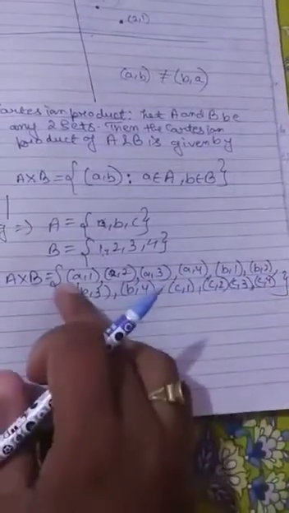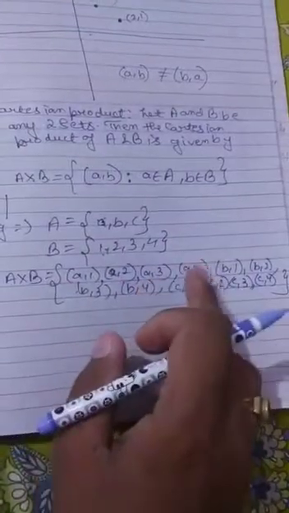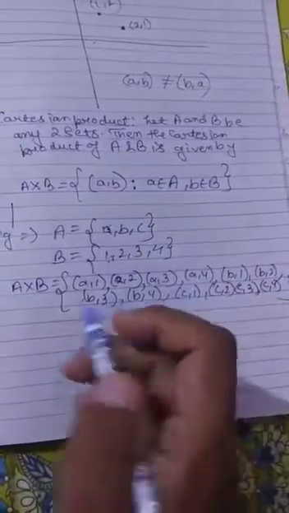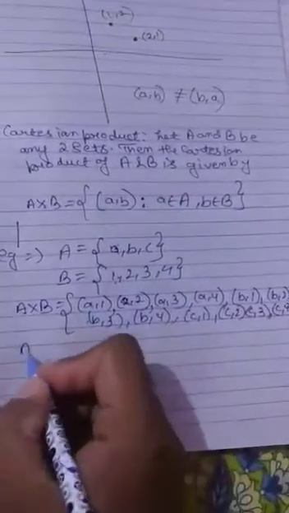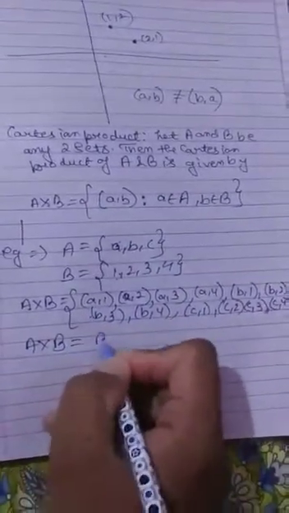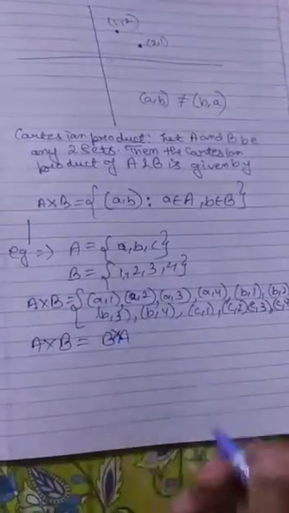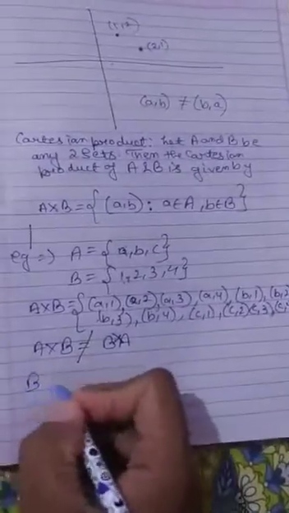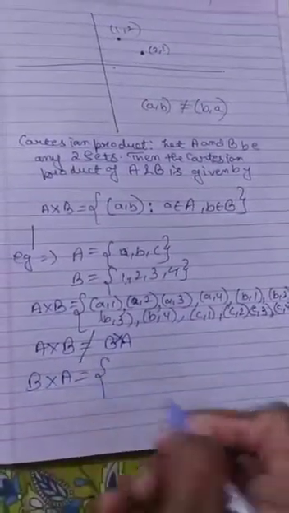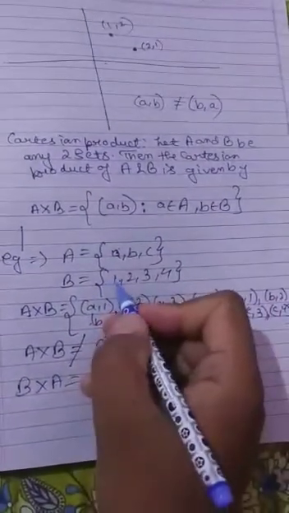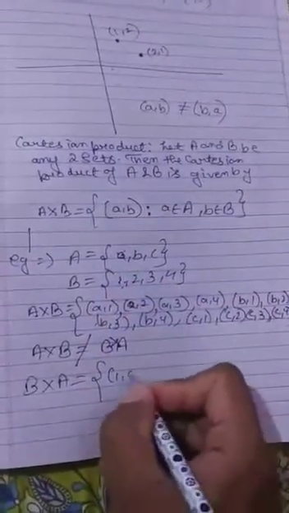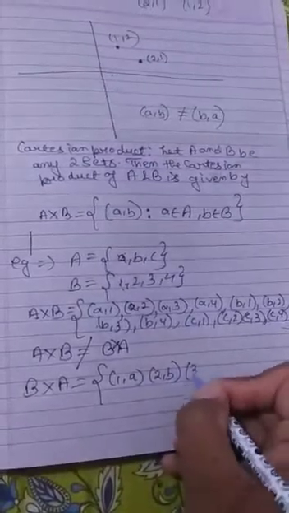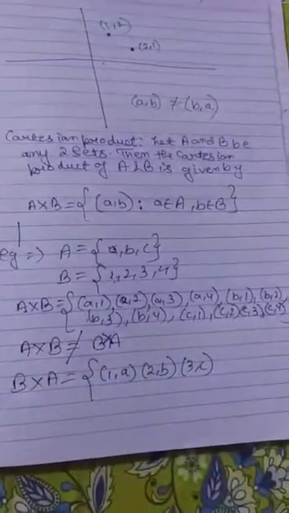This is only called A cross B and it's known as Cartesian product. Will A cross B and B cross A be the same? No, it will not be the same. Why? Let's see B cross A. If we make B cross A, we will make ordered pairs like 1 comma A, 2 comma B, 3 comma C, like this.